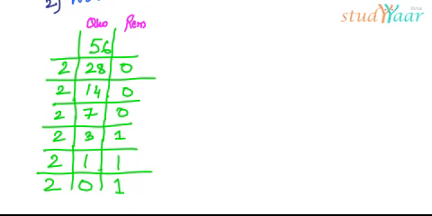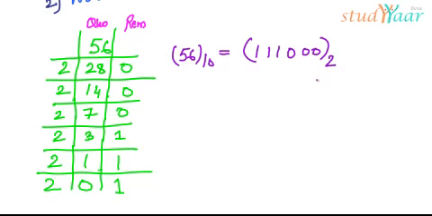So I'm now going to write it from last to first: 1 1 1 0 0 0. So my 56 in decimal is equal to 111000 in binary.